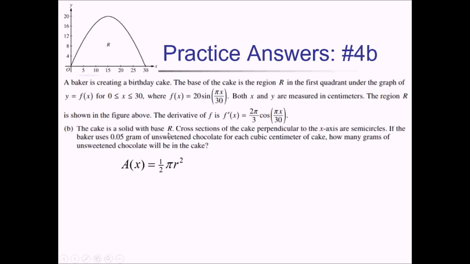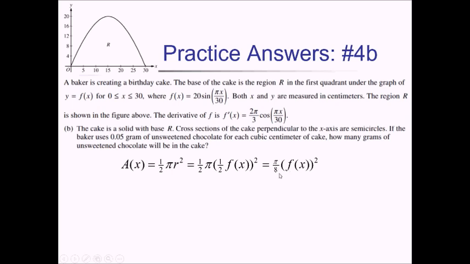And that'll give me just half the distance from one end of this bounded region to the other. So putting that in here, I'm going to have 1/2 times pi times (1/2 f of x) squared. And I'm going to simplify that. We'll still have f of x squared, but now I'm going to have a 1/4 times a 1/2 times a pi, so pi over 8 times f of x squared.